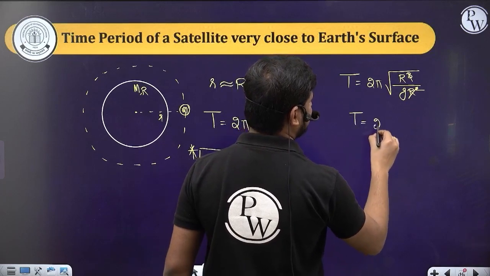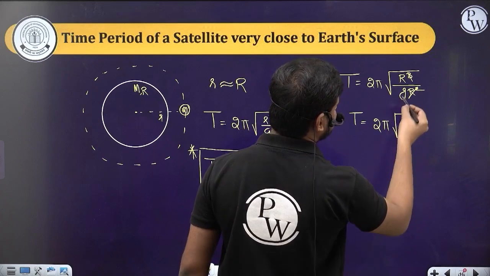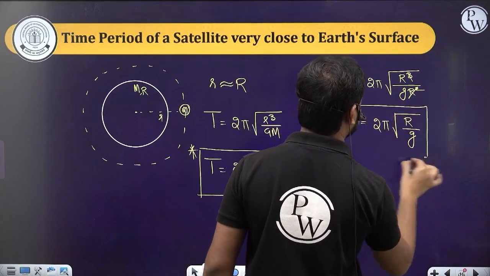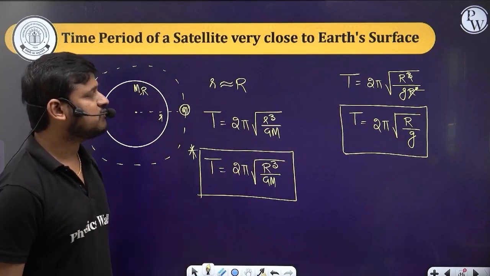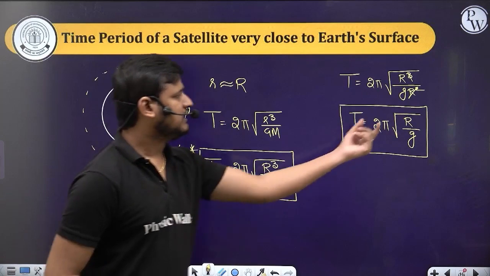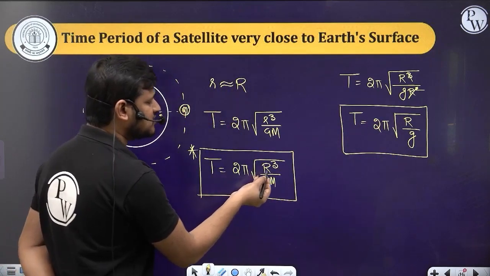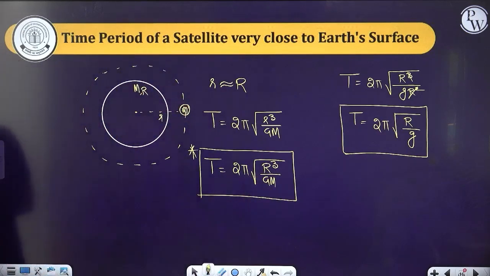So T is equal to 2 pi into root over R by g. All these values are constants here. The 2 is a constant, pi is a constant, capital R is a constant, and g is a constant. Every value is constant, so you can simply substitute their values there.